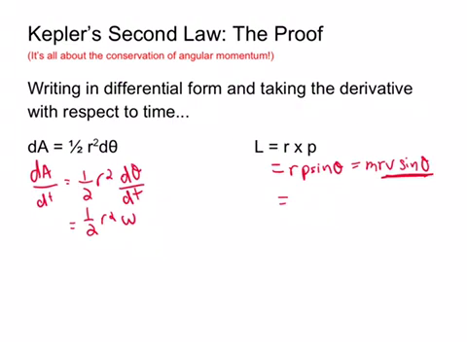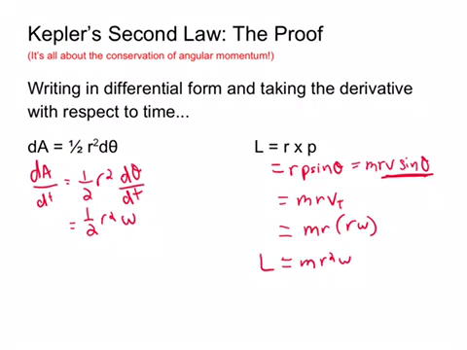So we can rewrite this as m times r v tangent to the orbit. And we can also rewrite this expression as m times r omega from rotational kinematics, and combining like terms, we have this expression L is equal to m r squared omega.